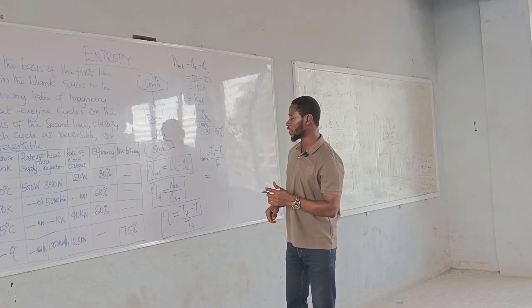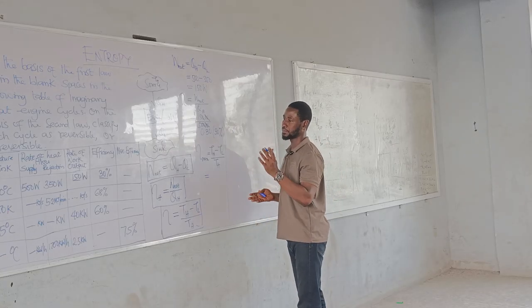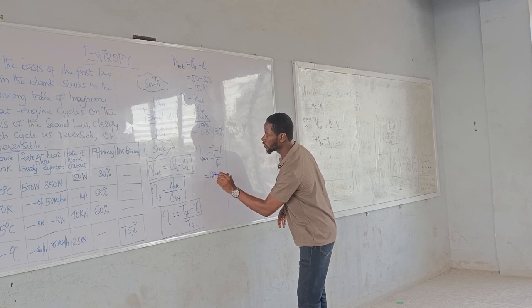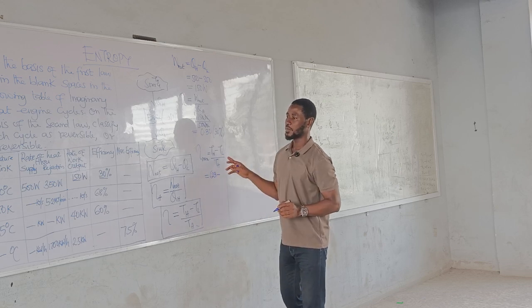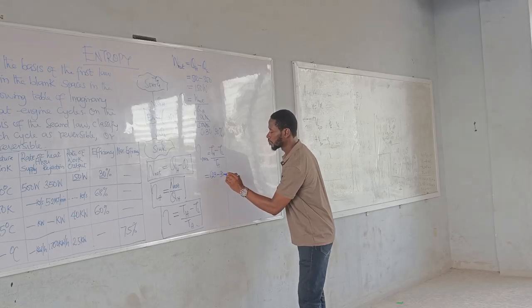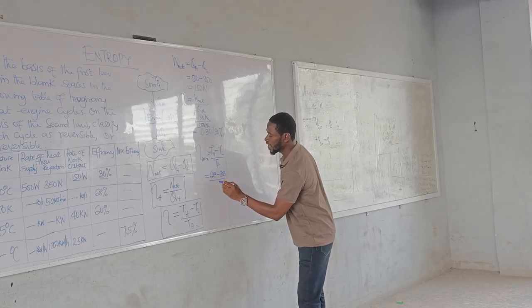350 plus 273, what's the value? 623. 30 plus 273, 303. Then divided by 623.